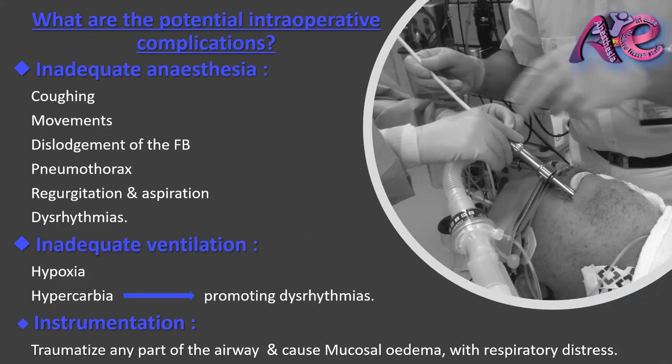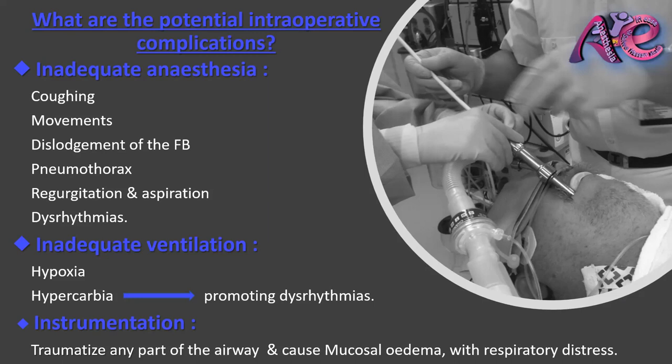What are the potential intraoperative complications? Potential intraoperative complications can be due to either inadequate anesthesia, inadequate ventilation, or instrumentation of the airway. Inadequate anesthesia: coughing, movement, dislodgement of foreign body, pneumothorax, regurgitation and aspiration, arrhythmias.